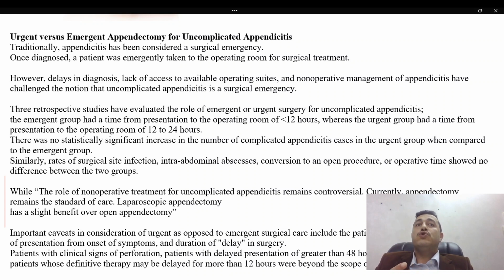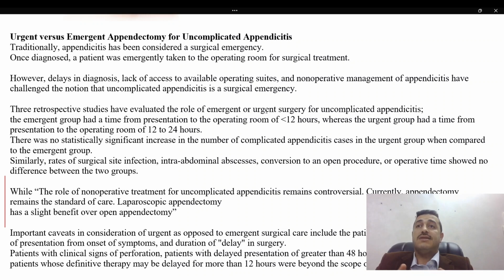The next question, should we proceed to appendectomy in all patients, or can we try conservative management? And the third question, if we proceed to conservative treatment and the symptoms subsided, should we do interval appendectomy?